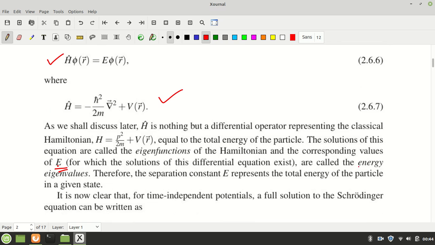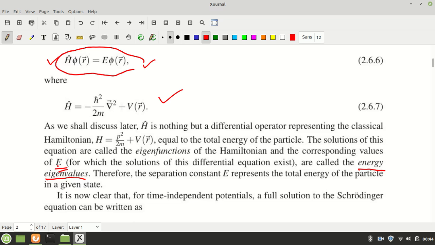The separation constant E has a physical significance, that is, it is an energy, and it is coming from the eigenvalue equation of the Hamiltonian, so it is the energy eigenvalue. This equation is called the time independent Schrodinger equation.